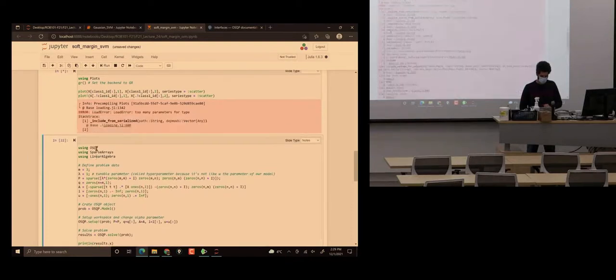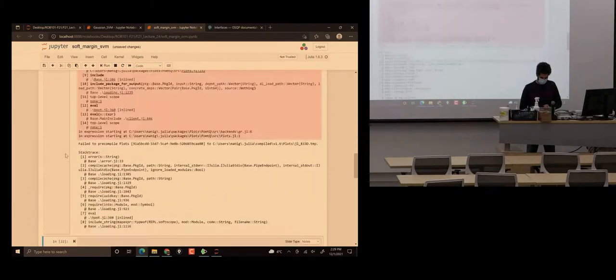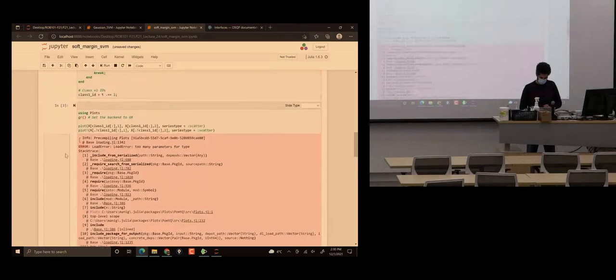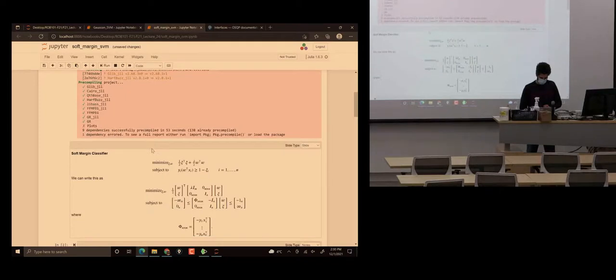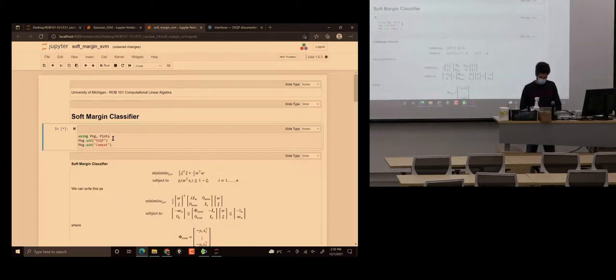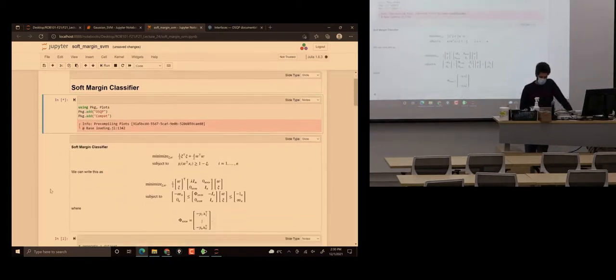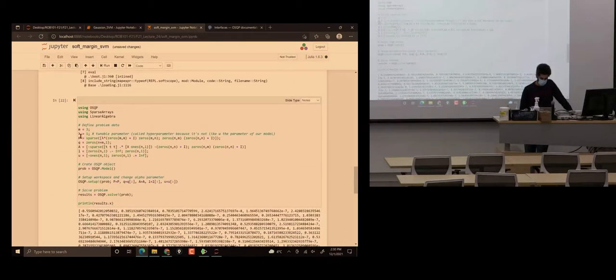Here I'm defining my, oops. So in the solver, I'm defining P, Q, A, L, U, right?